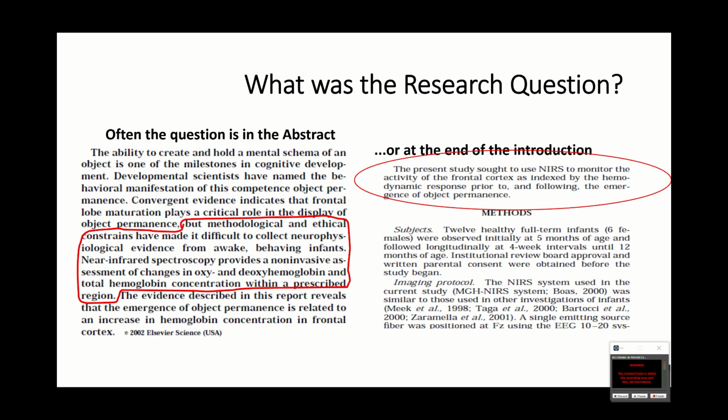So I've got screenshots of the article here, and you can see that in the abstract they talk about how methodological and ethical constraints have made it difficult to collect neuropsychological evidence from awake behaving infants. And so here in this study, they're going to use near-infrared spectroscopy to provide a non-invasive way of basically detecting hemoglobin levels within an individual.